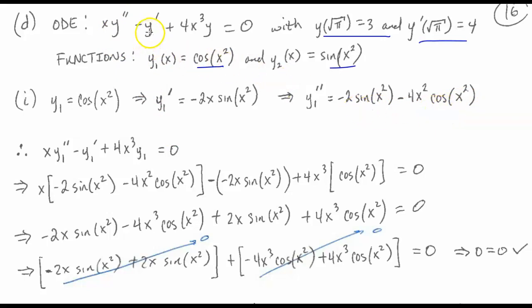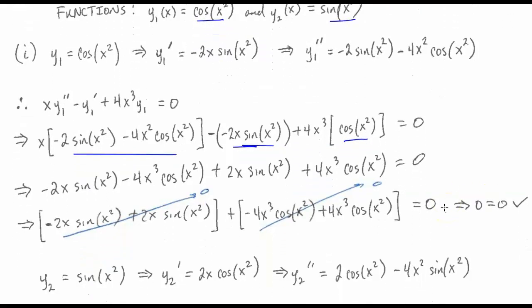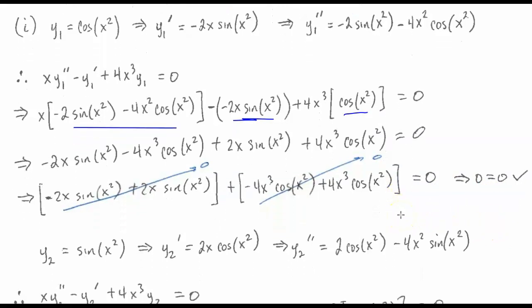We know that y prime is just going to be this. So you see how we plug in y double prime here, y prime here, and then what y is. And of course, you do all the algebra to work everything out. And you see that all the terms essentially cancel each other out.